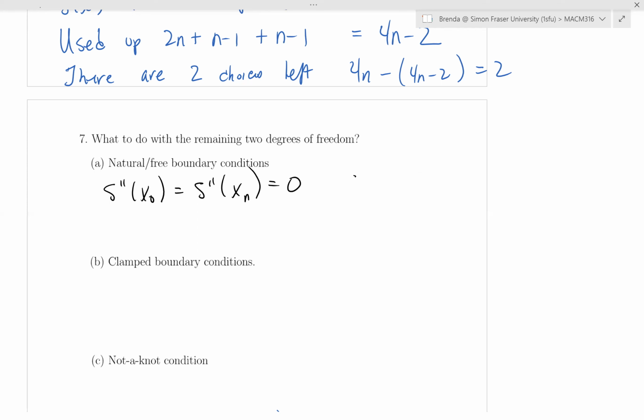Now, if I go with the first condition, then I need to do another one here. What is your vote? What happens after the endpoint? Natural or the other boundary condition.